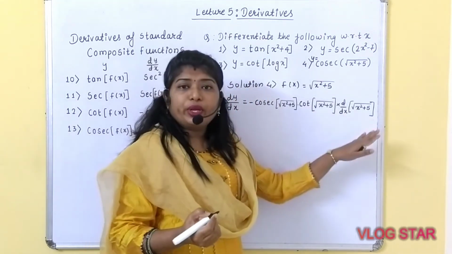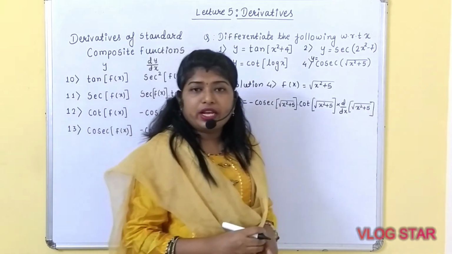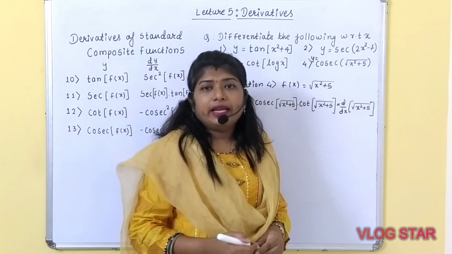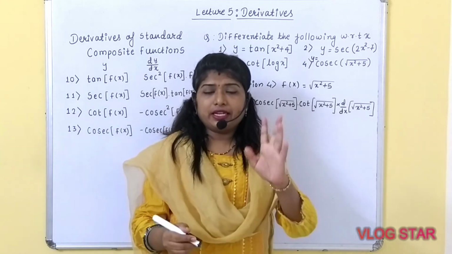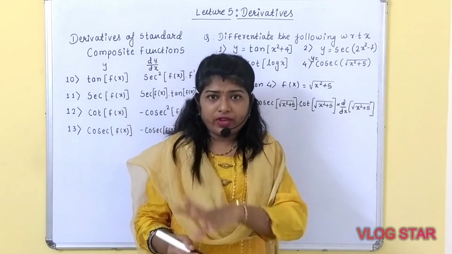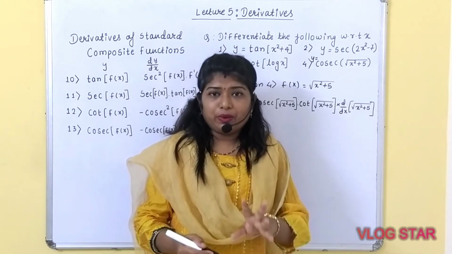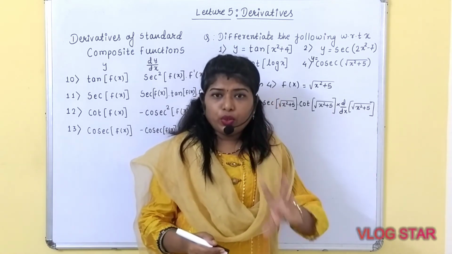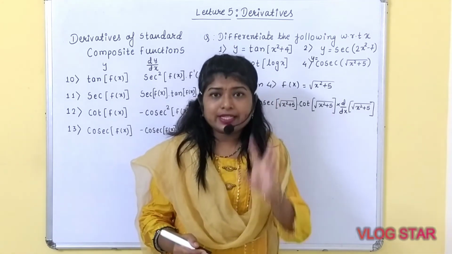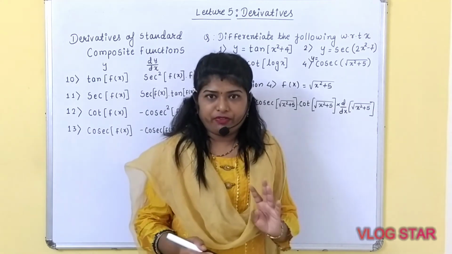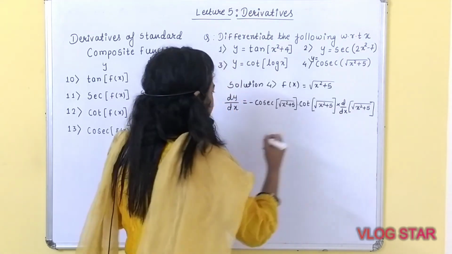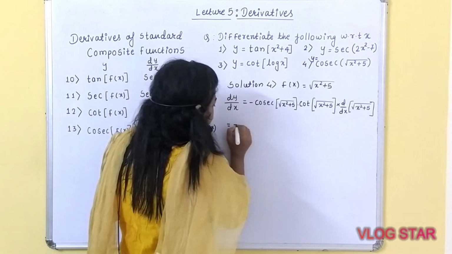So how you are going to take the derivatives of root x? Already we had studied in previous lecture. If it is the derivatives of root of f of x, then it can be calculated by 1 upon 2 under root of f of x into derivatives of f of x. Am I right?